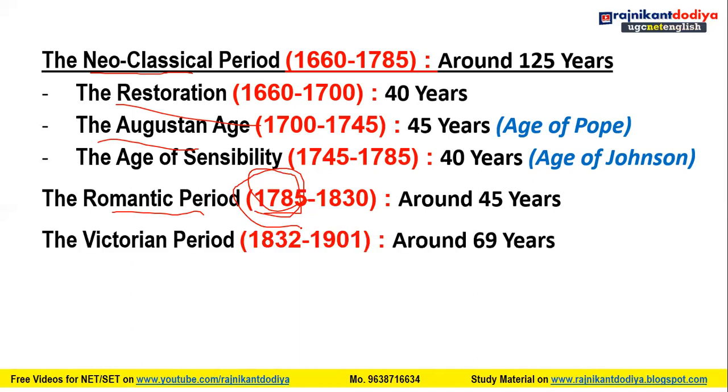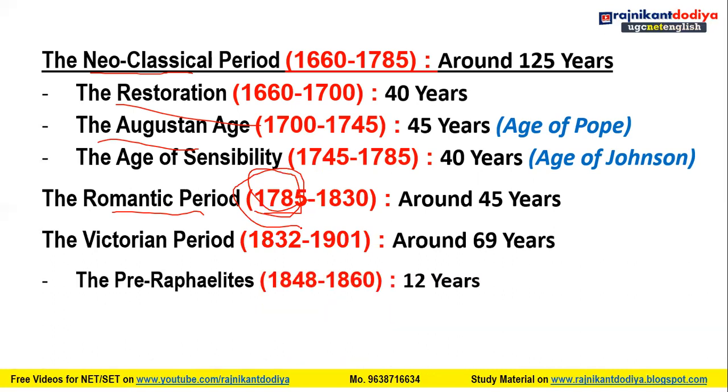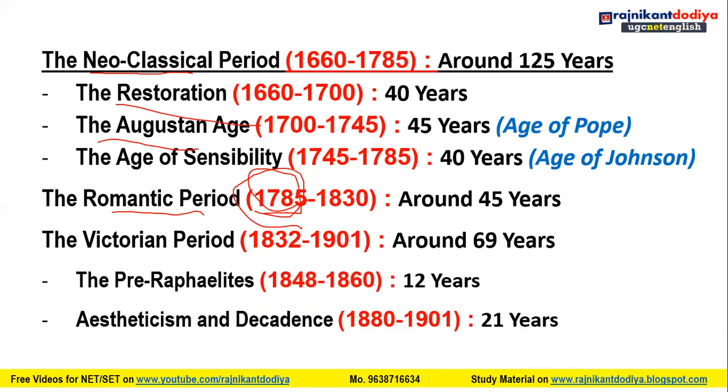Then after this, the Victorian period is there. The Victorian period is around 69 years, from 1832 to 1901, and it covers two important things: the age of the Pre-Raphaelites, and aestheticism and decadence. So two different things were there.